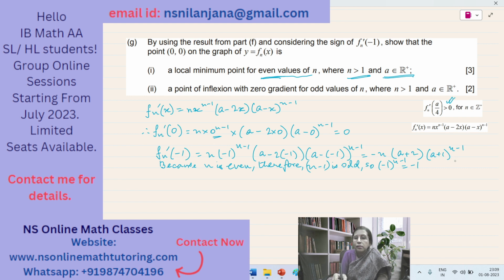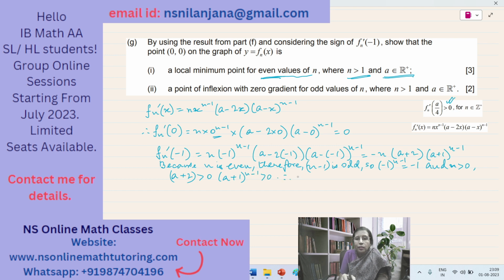And n is greater than 0, a plus 2 is greater than 0, and a plus 1 to the power of n minus 1 is also greater than 0.